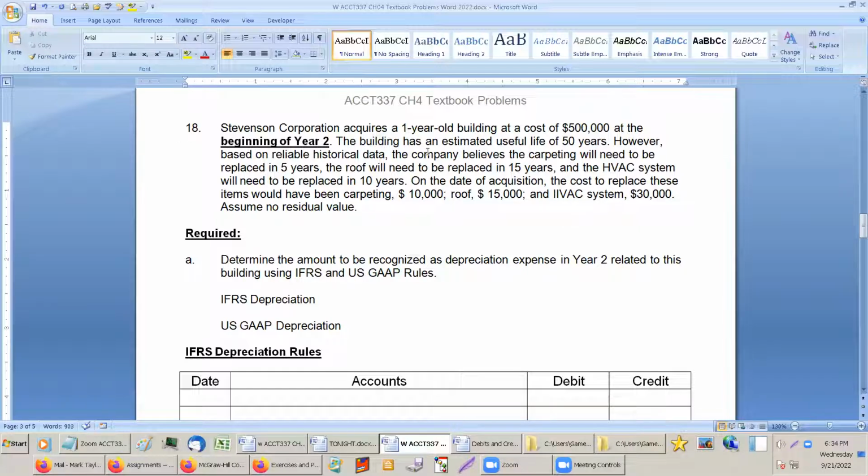The building has an estimated useful life of 50 years. However, the carpeting will need to be replaced in 5 years. The roof will need to be replaced in 15 years.